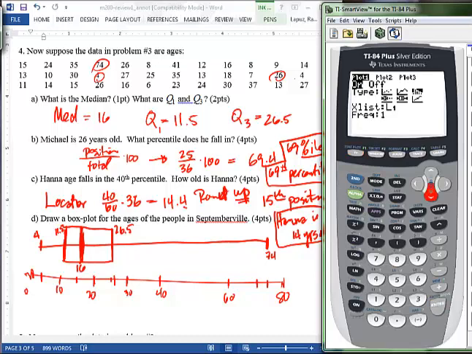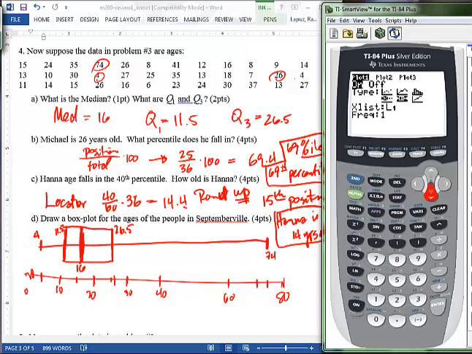The plot is on, and for the type, right arrow until you hit the box plot. It's important to note that the box plot is the one that has a median in between. So let's hit enter, and then we have the X list and the frequency is 1. X list is L1, the frequency is 1, and so we're ready to graph this.